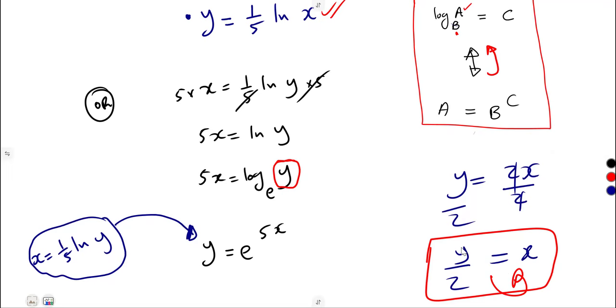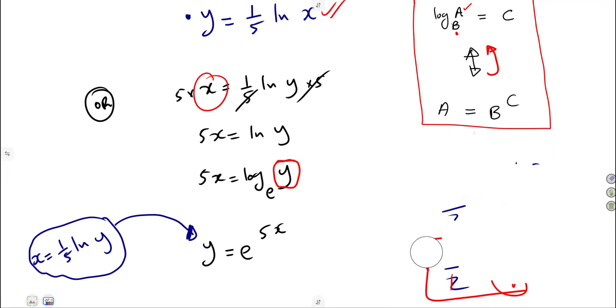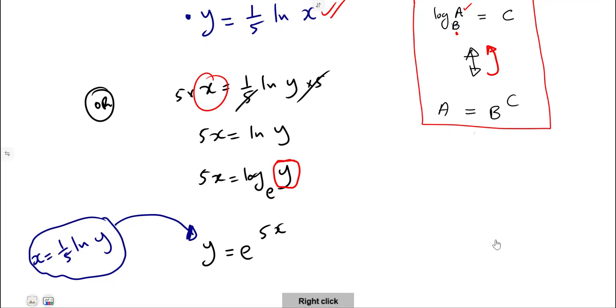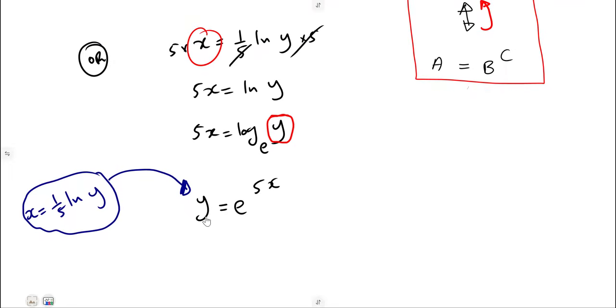So you are rewriting to see what the original equation was before they made x the subject of the formula. Just multiply by 2, and y is equal to 2x, so this was my original equation. Then from that original equation you now find the inverse of that function, because you are used to it when they say y is equal to e to the exponent of 5x, find the inverse.